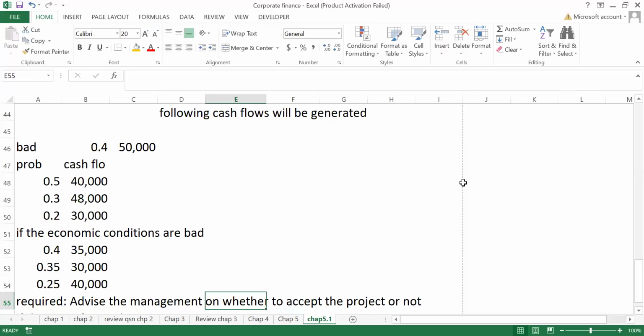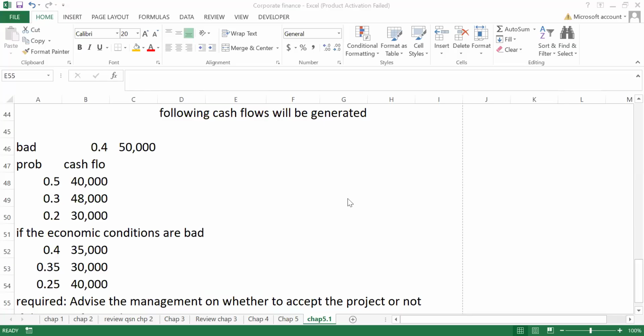Yes, 0.5, 0.3, and 0.2. And then down, bad, 0.4, 0.3, 0.2. So there are three probabilities when it is good and three when it is bad. Let's put it in real terms.